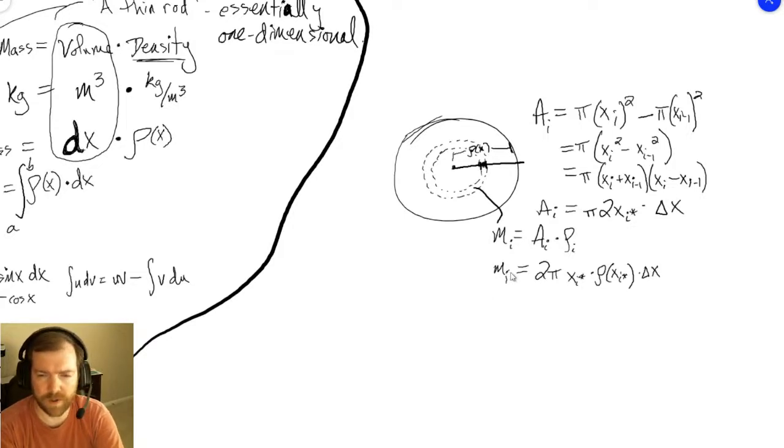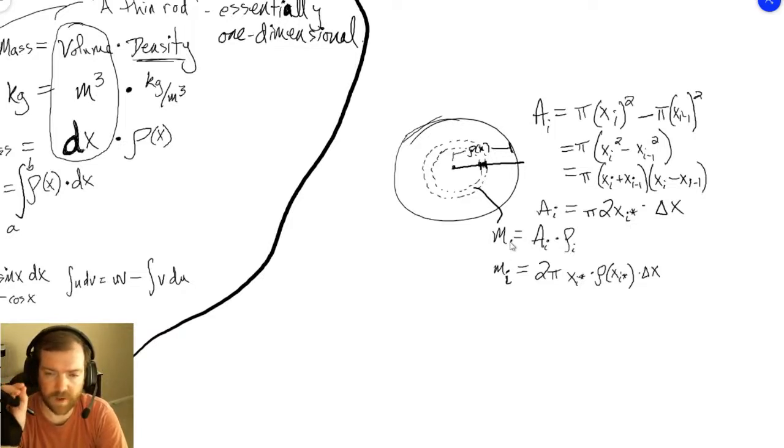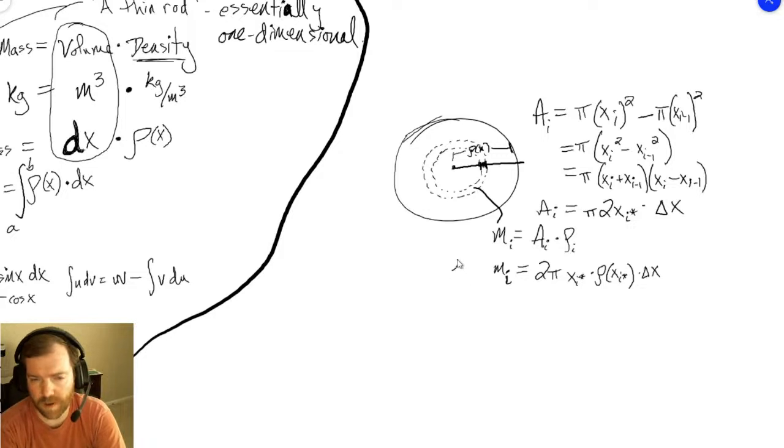And then if we want to do this for real, we say, okay, we're going to sum up all these things from a to b, and when we try to shrink down delta x to 0, so when we take the limit as delta x approaches 0, that is when we get an actual integral.